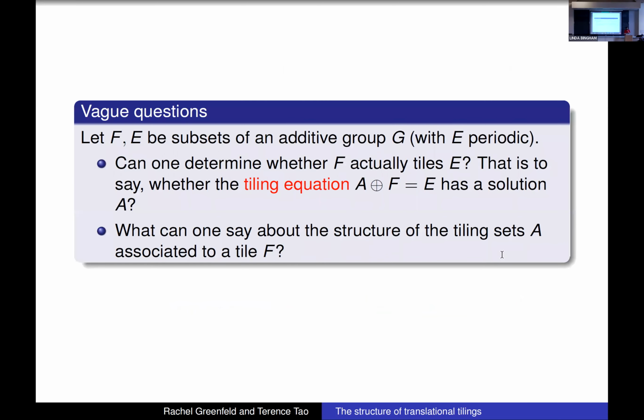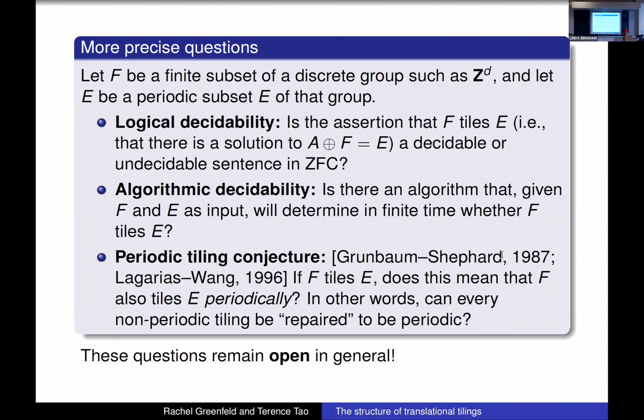And the periodic tiling conjecture is the assertion that this is always the case: that if you have a non-periodic tiling of any periodic subset of a lattice by a finite set, then you can modify it to be a periodic tiling. Okay, so these are 3 concrete questions, and they're still open.